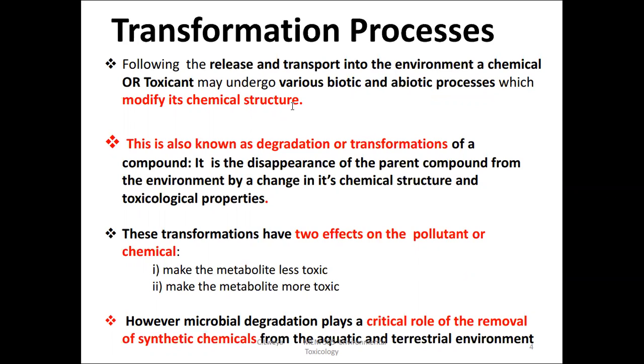So it might undergo either of the two. And when that is happening, its chemical structure is being modified, it's being changed. And if the compound has its structure changed, even its effect on the human being may be changed.